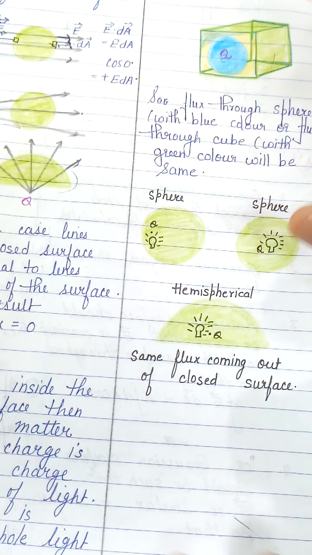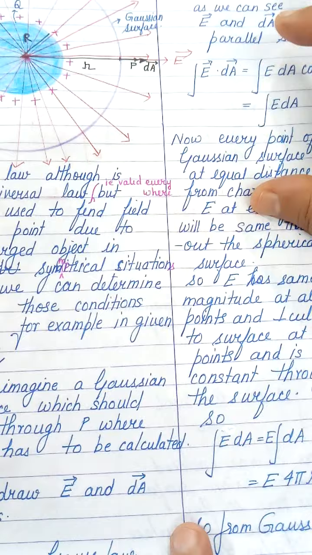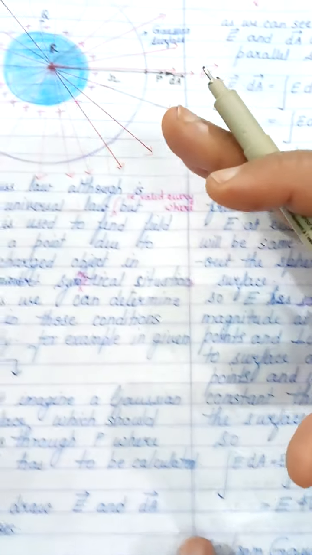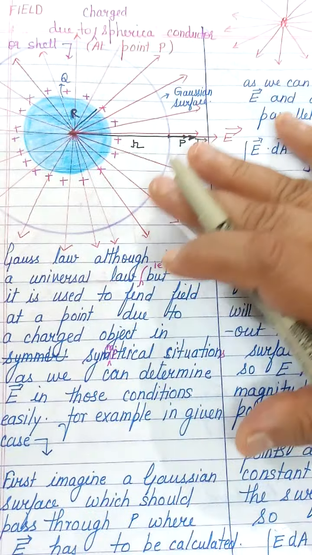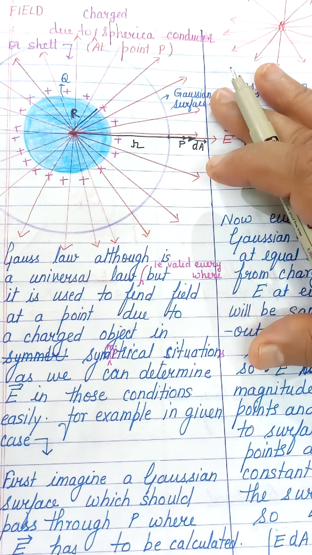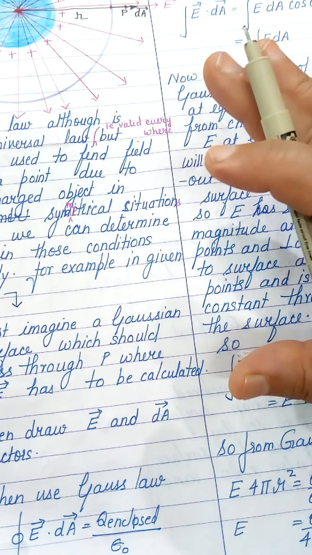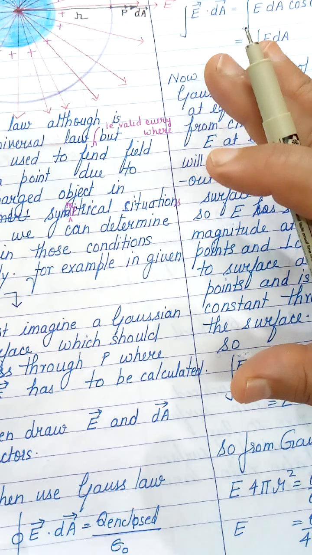So in the next class, I will start electric field, how to calculate electric field in different cases. So till then, go through the first and second lecture of Gauss law.